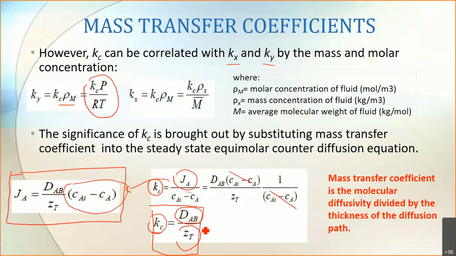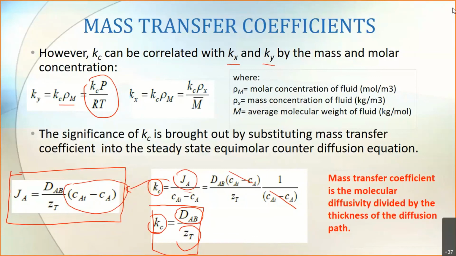Now this relationship is actually a basic relationship. To get a more accurate relationship between the Kc and our dAb, between our mass transfer coefficient and our diffusion coefficient, scientists and researchers before this have actually developed what we call mass transfer theories. So these mass transfer theories usually deal with the relationship between our mass transfer coefficient and our diffusion coefficient.